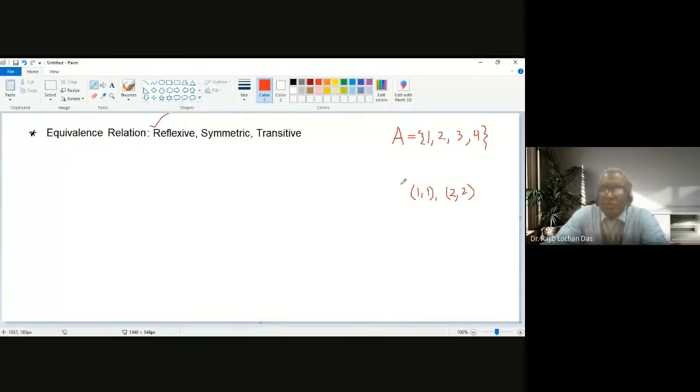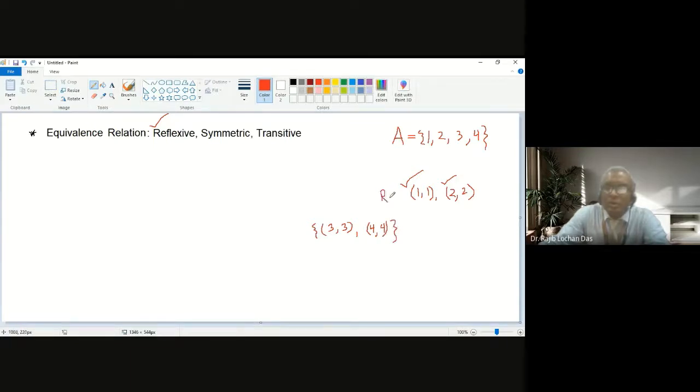If (1,1) and (2,2) are present, but (3,3) and (4,4) are not present, then it is not reflexive. So what are the missing things so that it will be reflexive? You can say in this case (1,1) and (2,2) are already there, so fine, but we need (3,3) and (4,4) also, because these are needed for being reflexive relation.